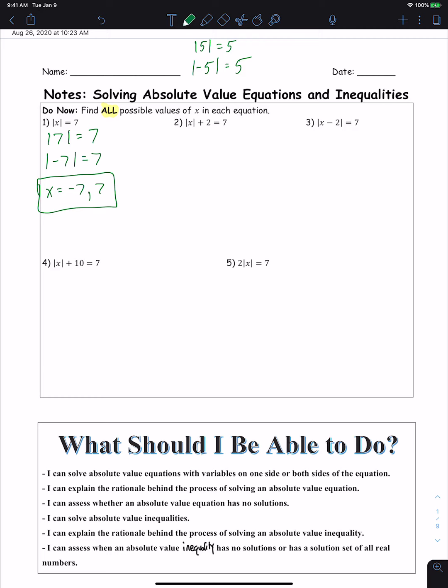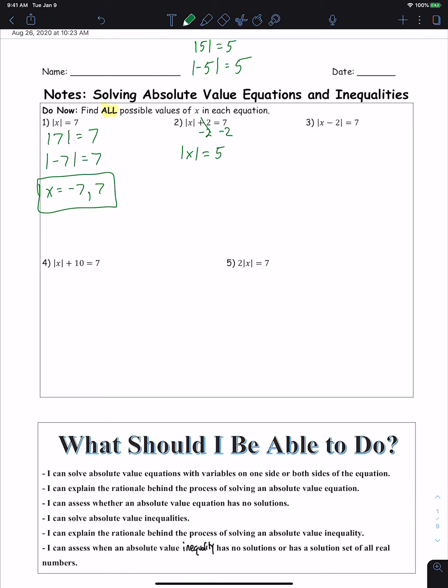Number 2, we want to get the absolute value by itself. Look at number 1, the equation number 1, the absolute value is all by itself. But in number 2, it's not by itself yet. What can we do to get the absolute value all by itself? Well, we can just subtract 2 on both sides. That cancels out the plus 2 on the left, and we're just left with absolute value of x is equal to 7 minus 2, which is 5.